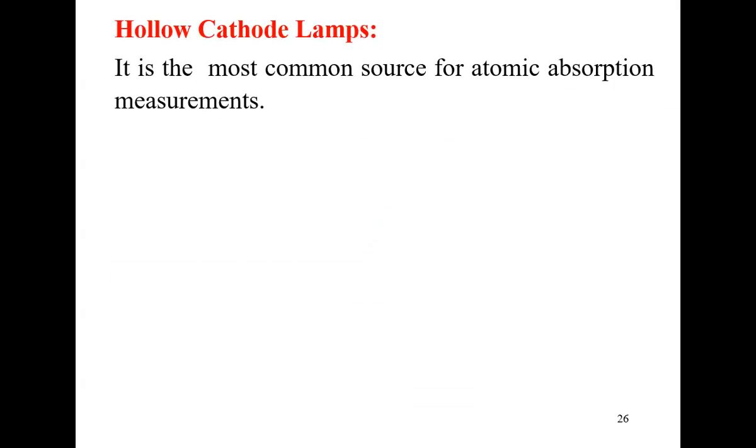Now, how does the hollow cathode lamp work? I need people to give me this information when they write their lab reports. It is the most common source for atomic absorption measurements.